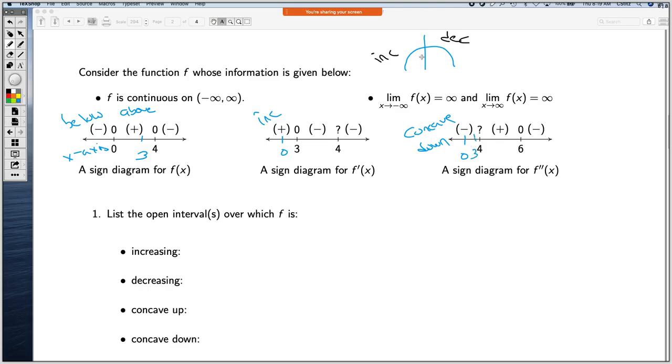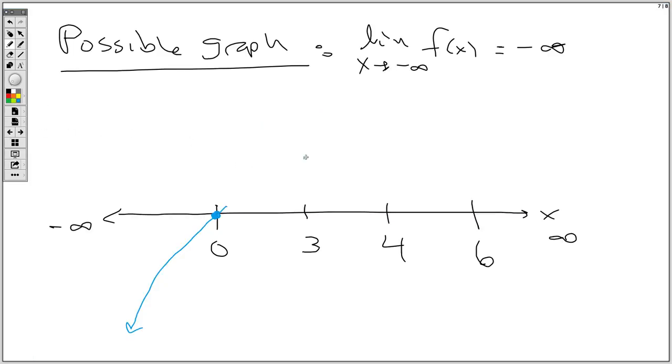So what's magical about 3? At 3 itself, it levels off and then starts to decrease. So on my graph, it's going to come up to 3. And once again, I don't know what that y value is. It's still increasing and concave down, and then it levels off at 3, and then it starts to decrease.